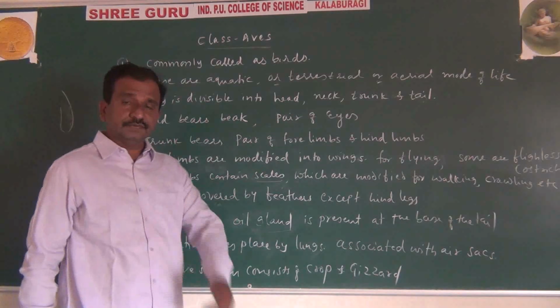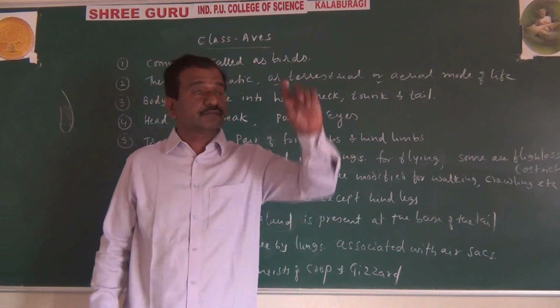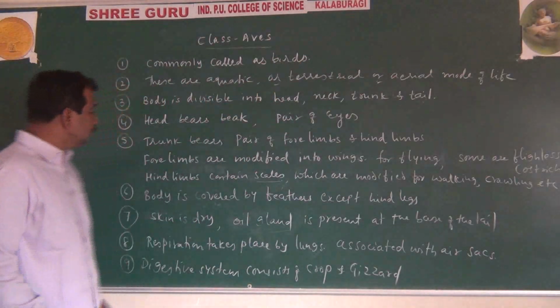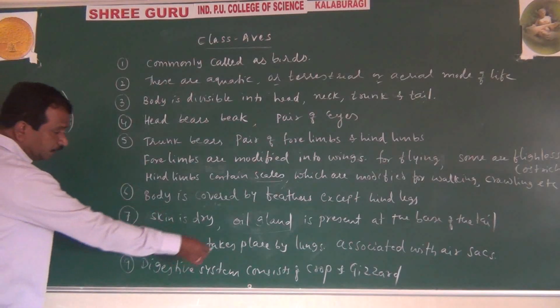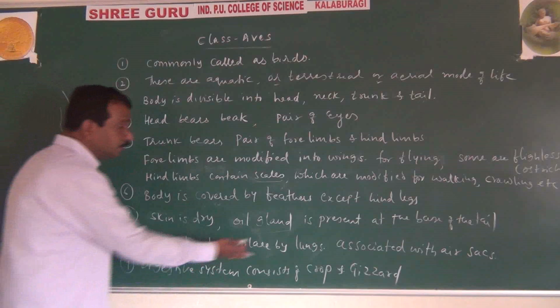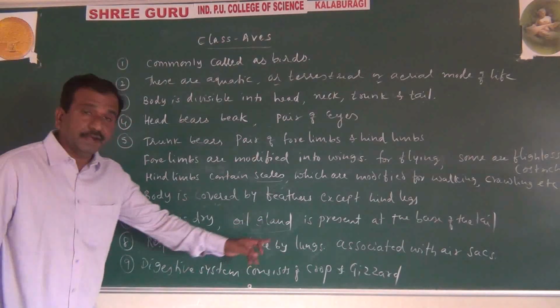Why is the storage essential? Because partial cutting of food has occurred in the beak, additional chambers are formed. That is the digestive system: we have additional chambers, crop and gizzard.